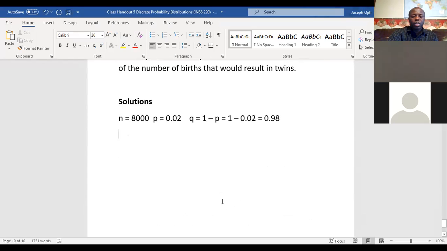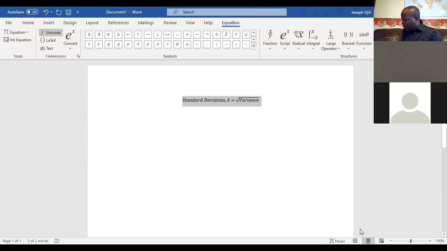The mean is n times p. Here n is 8,000, p is 0.02 and q is 0.98. So the mean equals 8,000 times 0.02.